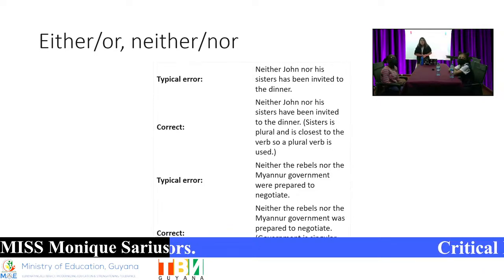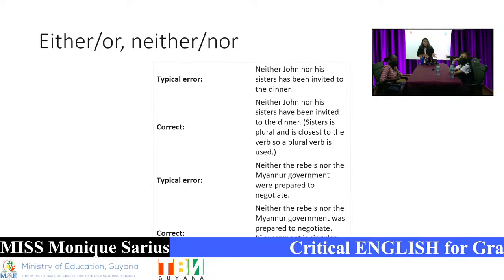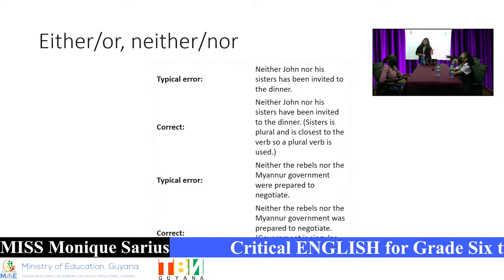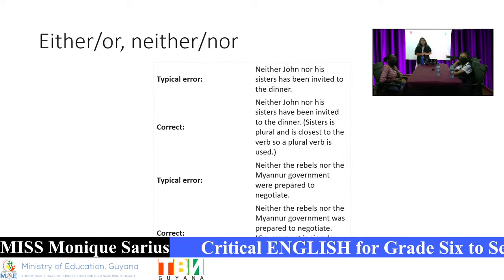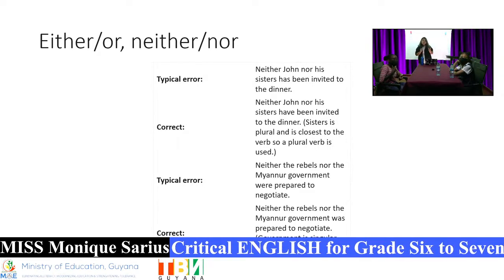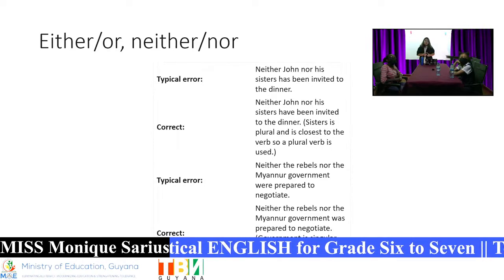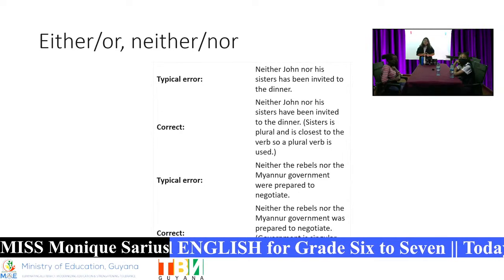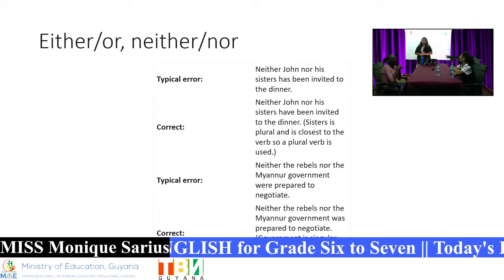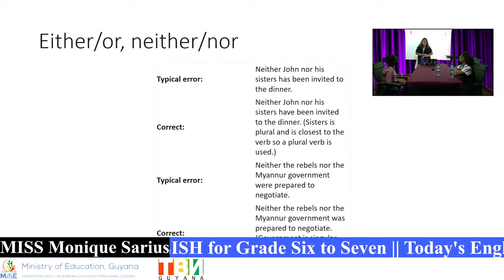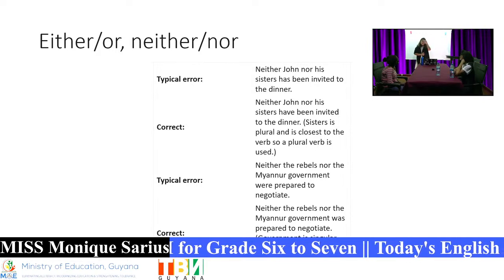Which one of them is the verb? Were prepared, right? It's the whole thing, were prepared. So which of the two options is closest to were, Myanmar government or rebels? Myanmar government. Is it singular or plural? Singular. So if it's singular, then were should have been was. Excellent.